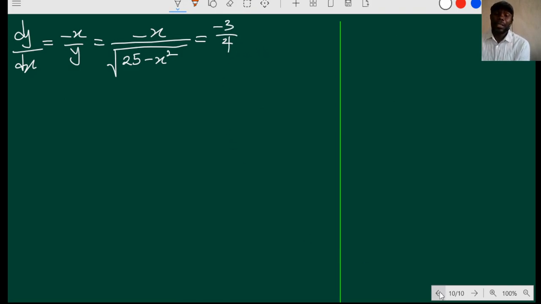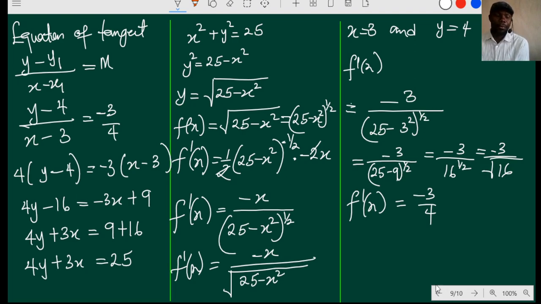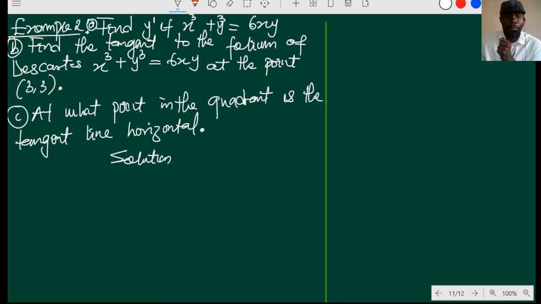That is just how it looks, from the first method and the second method. I want you to see that this is simple. That's why I solve it step by step. So this is example 2.